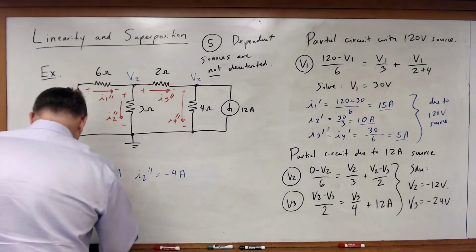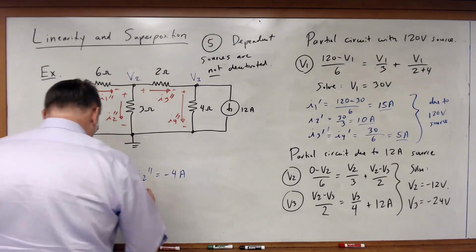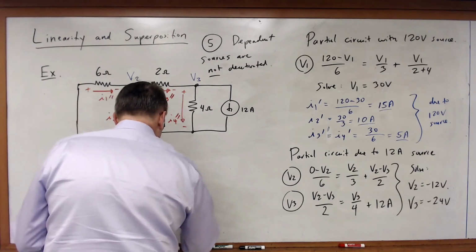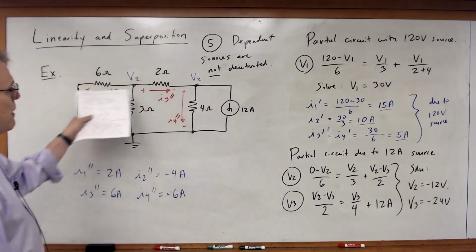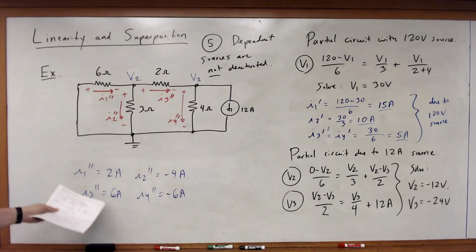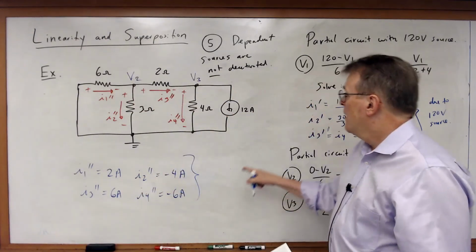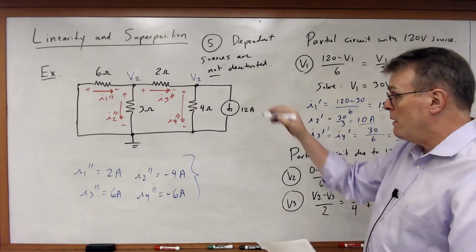I3 double prime is equal to 6 amps. And I4 double prime is equal to minus 6 amps. So once again, I'm just applying Ohm's law just as I did before to get these values. So these partial current values are due to the 12 amp source.